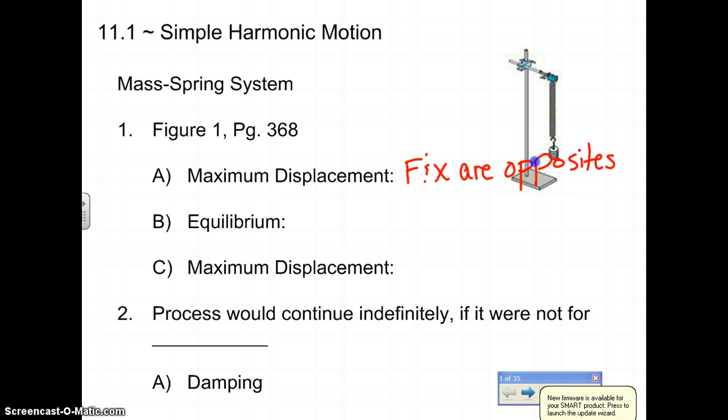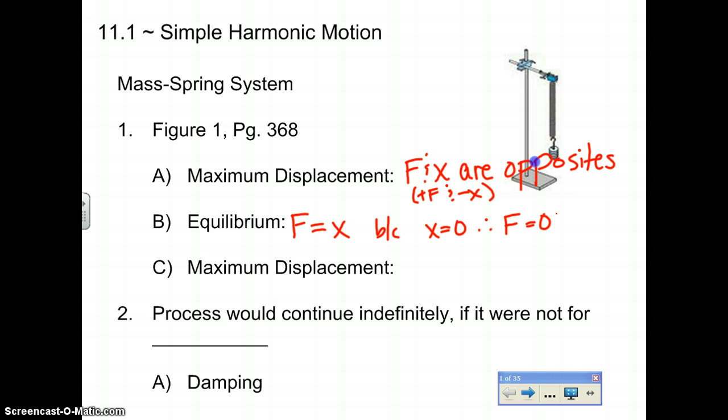In other words, you're going to have a positive F and a negative X, or vice versa, okay? At equilibrium position, your F will be equal to 0 because you have no displacement. Your displacement is equal to 0. Therefore, your F is equal to 0 newtons. We'll see an equation evolve from this here very shortly.